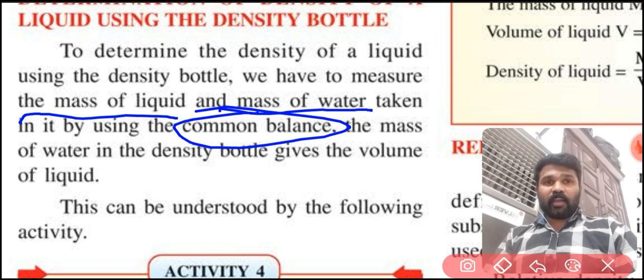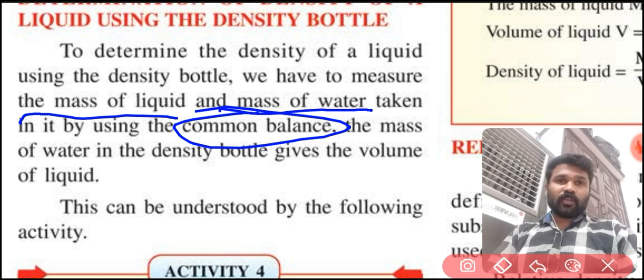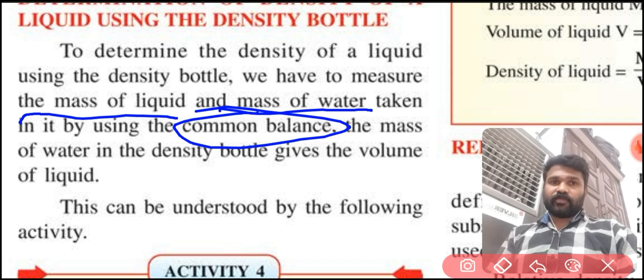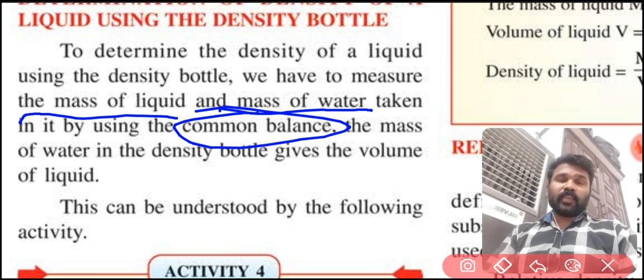Then use the formula to find the density of the liquid. The mass of water in the density bottle gives the volume of the liquid.